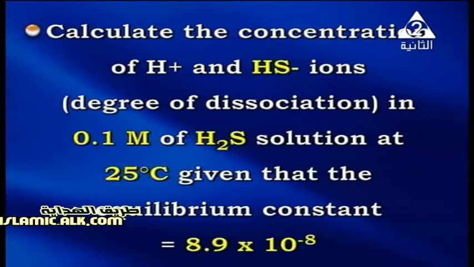Another example, calculate the concentration of hydrogen ion and hydrogen sulfide ions, and the degree of dissociation, in 0.1 molar H2S solution at 25 degrees Celsius, given that the equilibrium constant equals 8.9 times 10 to the power negative 8.